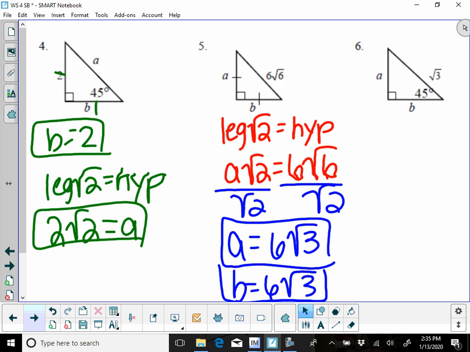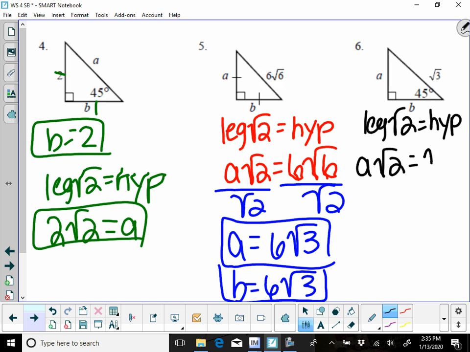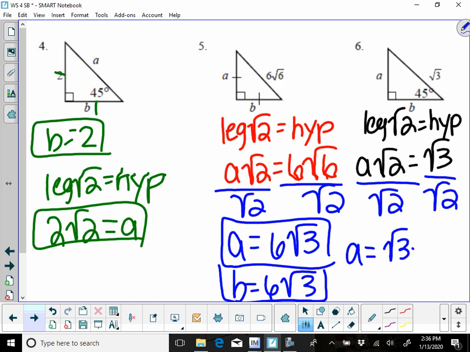And number 6 is the last one I'm going to do, because you do have to rationalize here. Leg times the square root of 2 is hypotenuse length. So A times the square root of 2 is going to equal the square root of 3. We're going to divide both sides by the square root of 2. We can't have that, so we are going to do the whole fancy one.